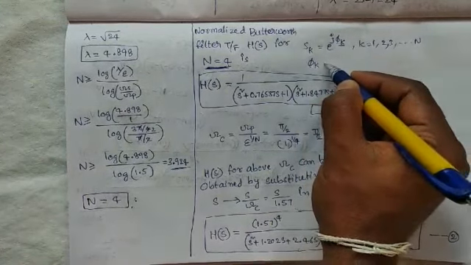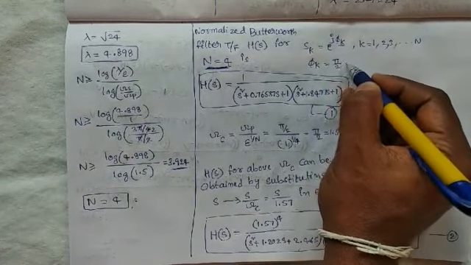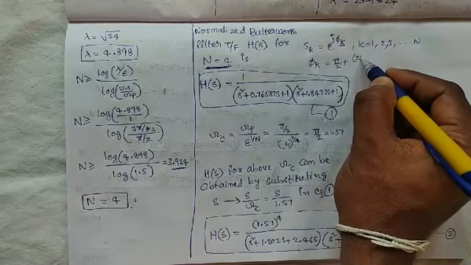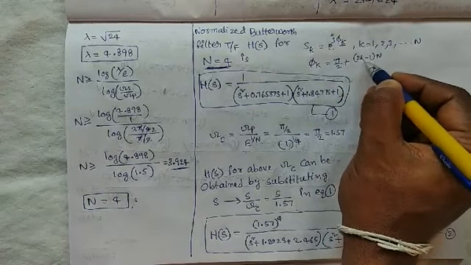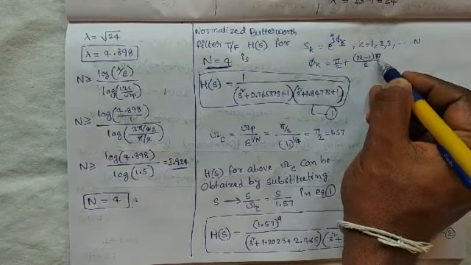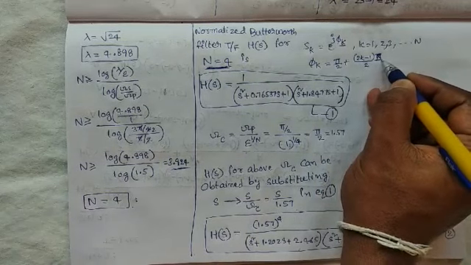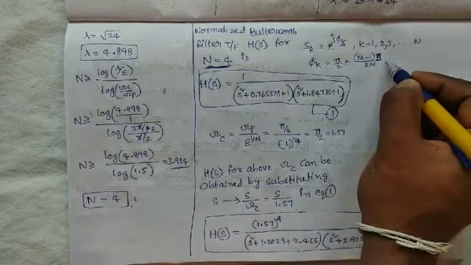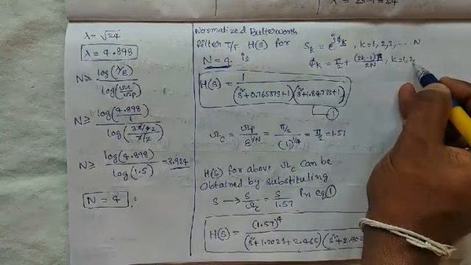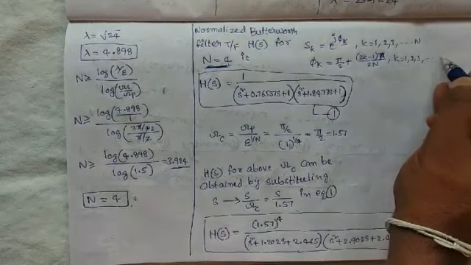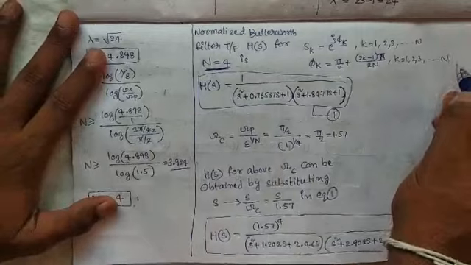How to determine phi k? Phi k is equal to pi by 2 plus (2k minus 1) pi by 2 capital N, k is equal to 1, 2, 3 and so on up to capital N.